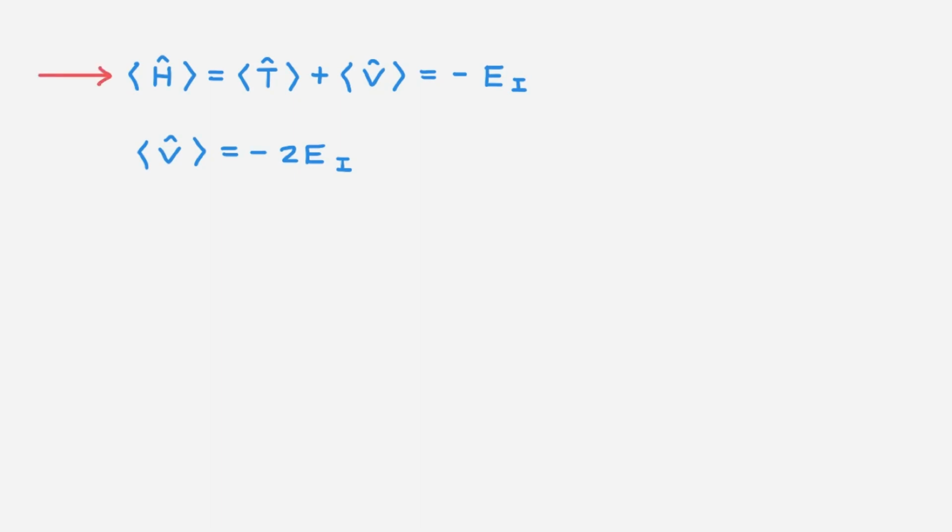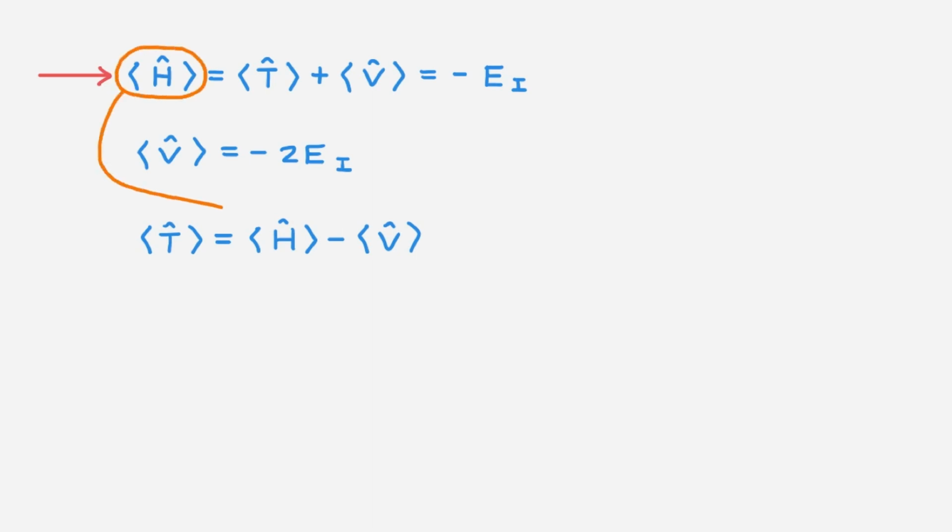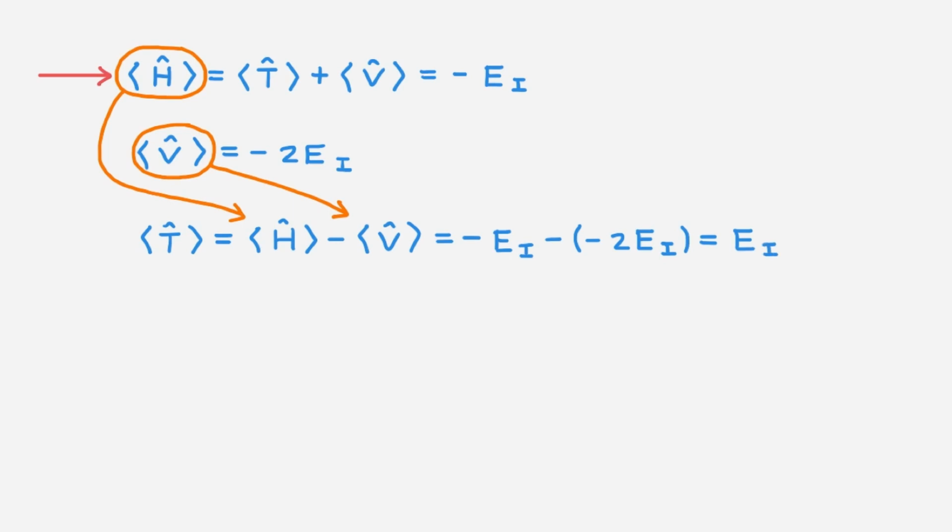From the top equation, the expectation value of the kinetic energy is equal to this expression. And inserting the value of the expectation value of the Hamiltonian here, and the value of the expectation value of the potential energy here, we end up with minus EI minus 2 times EI, which yields the ionization energy.